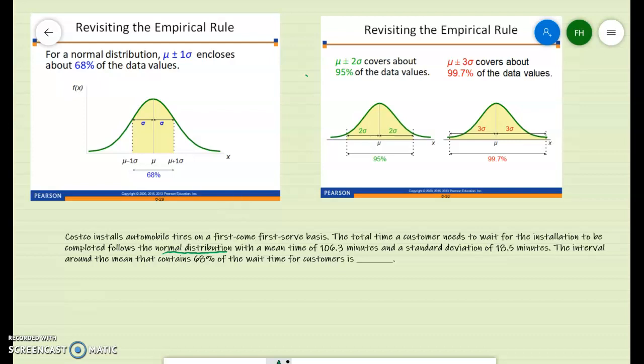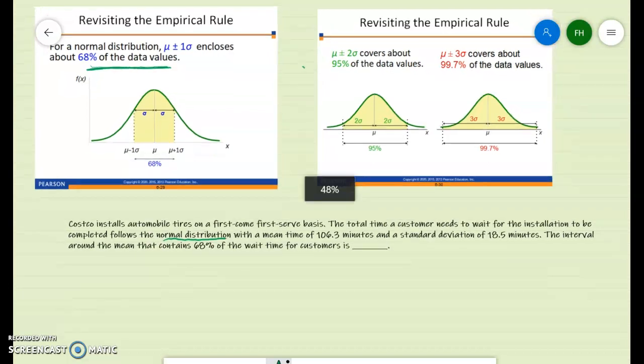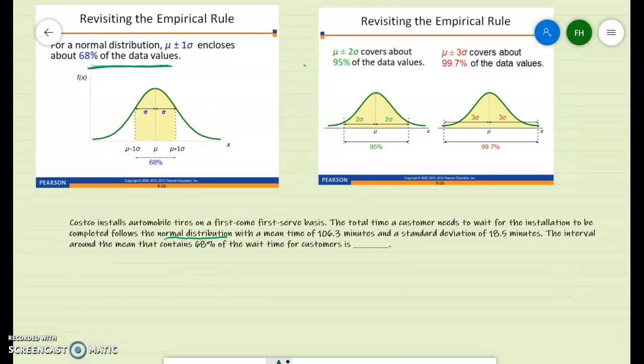So if you look at our slide for a normal distribution, 68% of our values are one standard deviation from the mean. So 68% is one standard deviation. We're going to use that to figure out our interval.